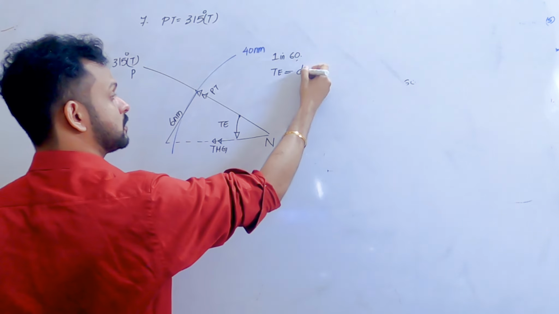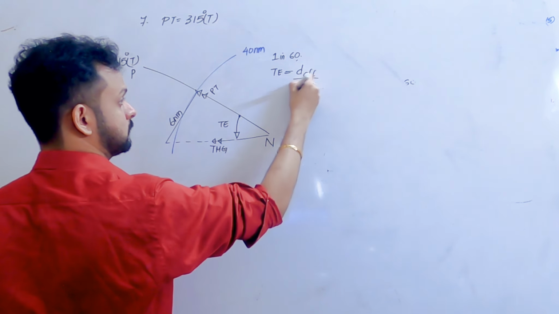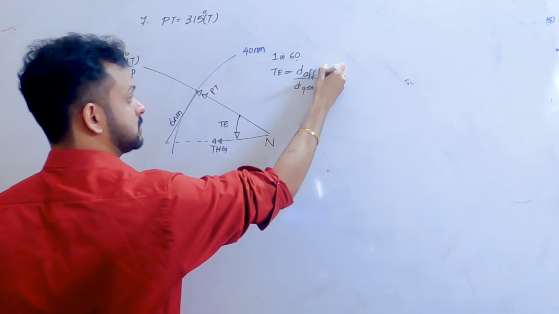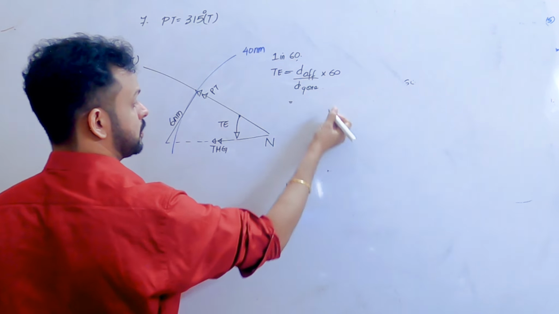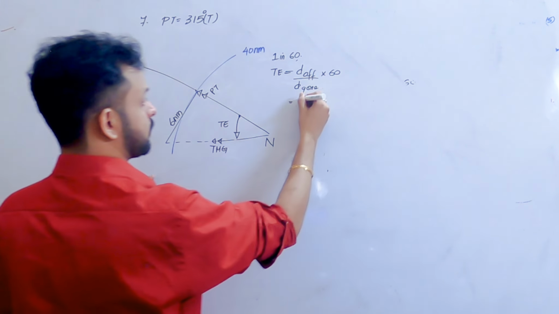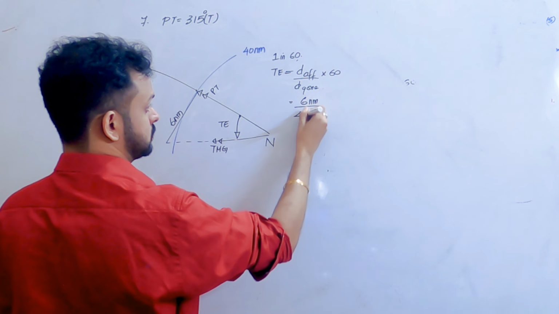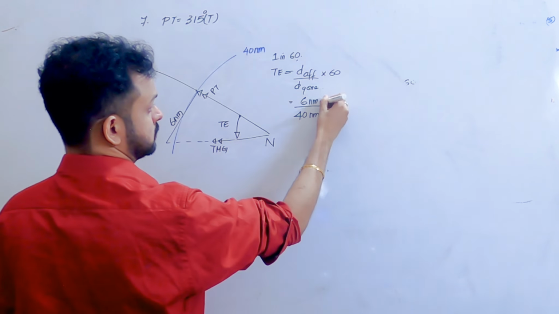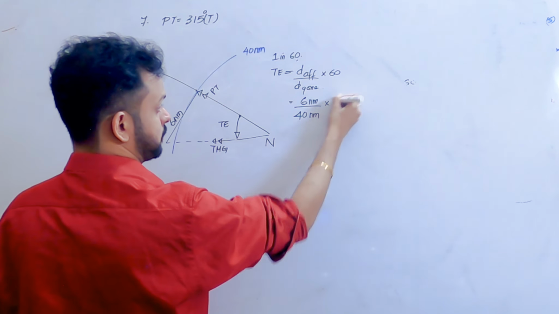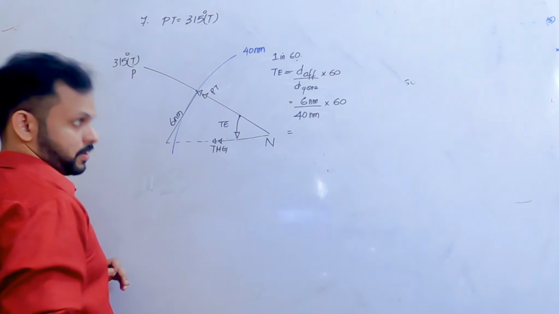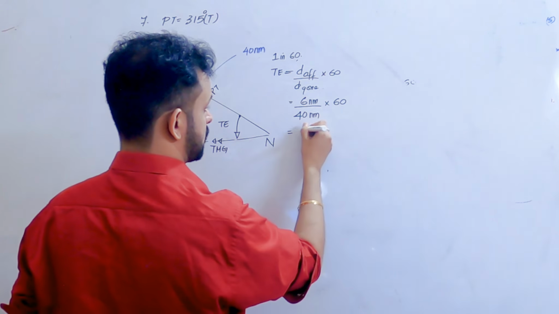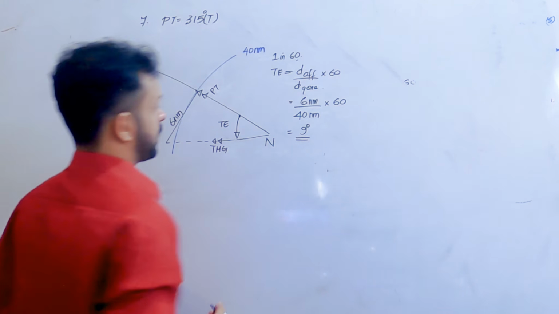Track error is distance off by distance gone into 60. What is distance off? Distance off is 6 nautical miles by distance gone, divided by 40 nautical miles, multiplied by 60. It's giving 9 degrees.